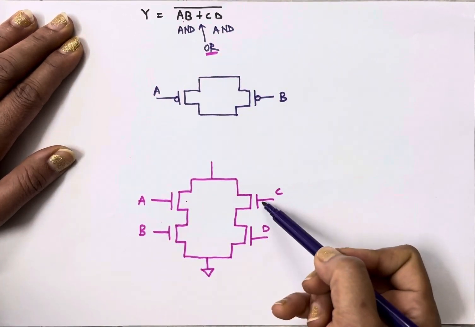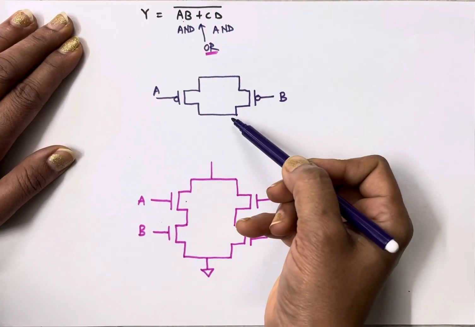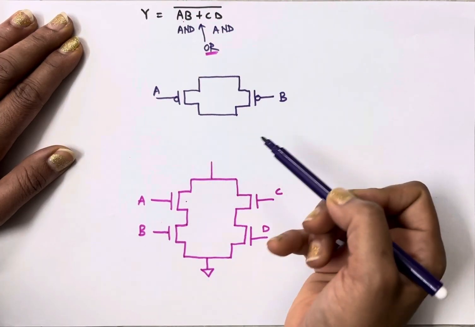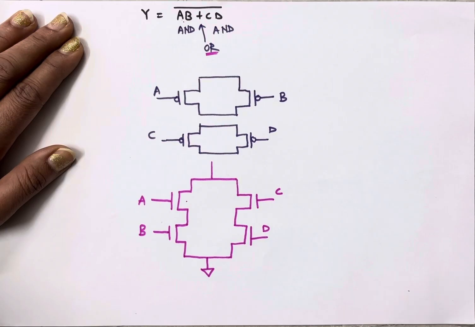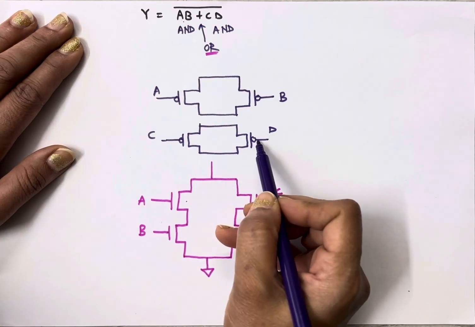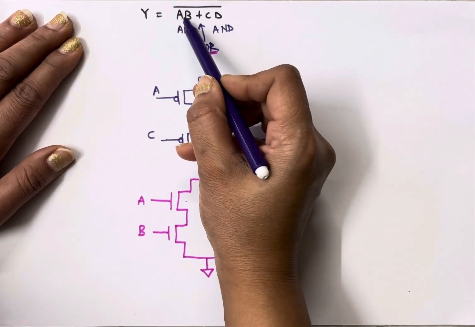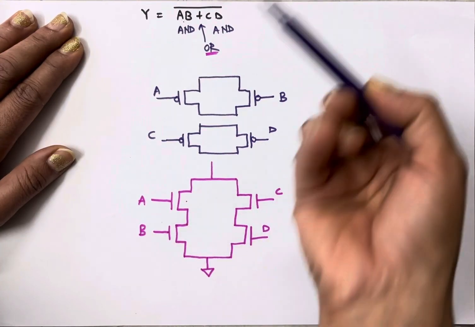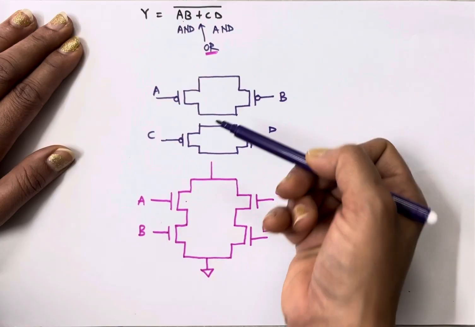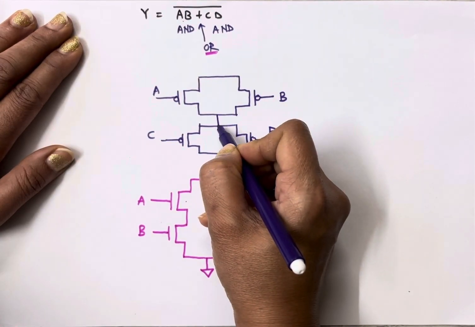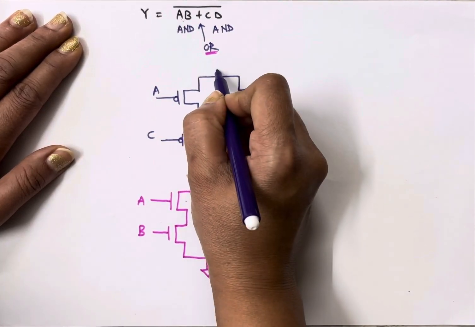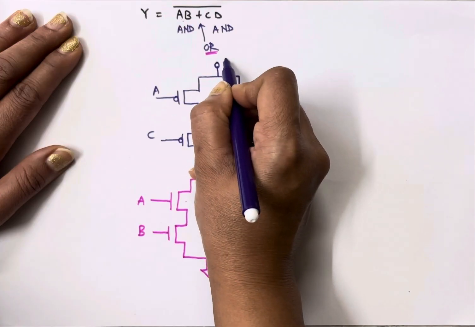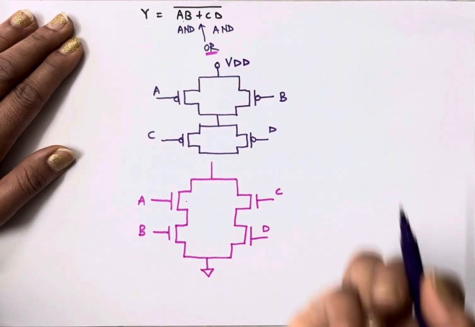Next, C and D are in series in the pull-down, so here also C and D are in parallel. Here first term is in parallel with second term in the pull-down, so in pull-up, first term is in series with second term. And one terminal of pull-up network will go to VDD.